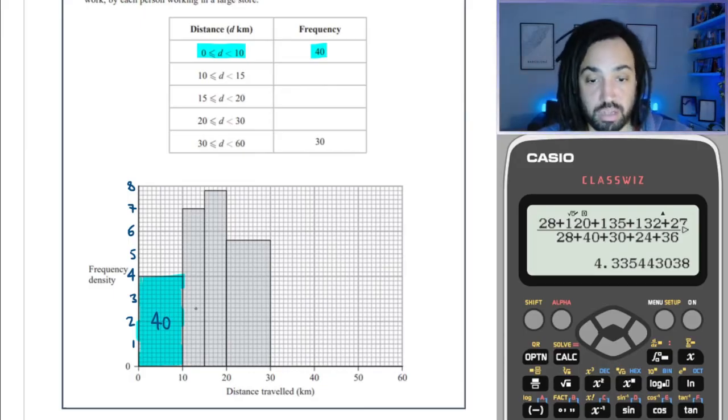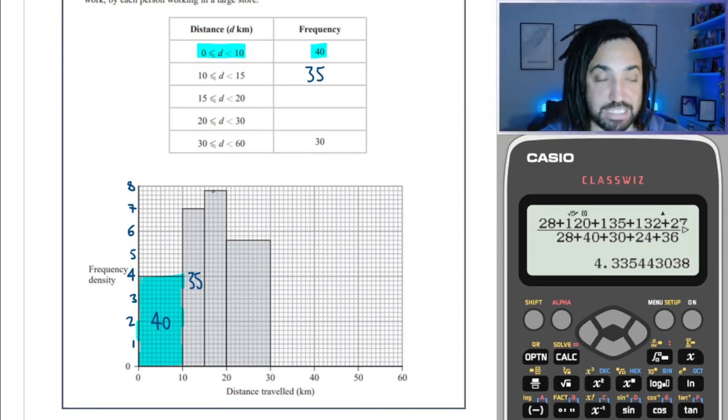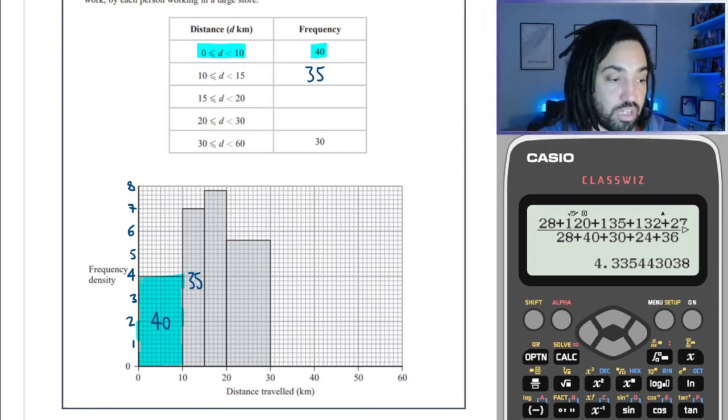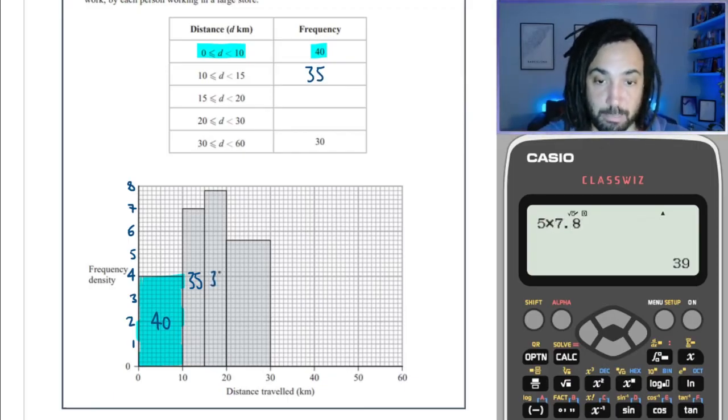Okay, so now let's work out the area of this one here. So that has a width of 5 and a height of 7. So 5 times 7 is 35. This one here has a width of 5 and a height of, be careful here, that's 7.8. So we'll need to do 5 times 7.8, which is 39.